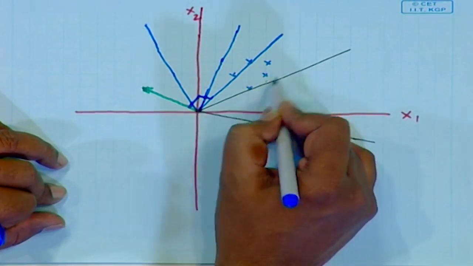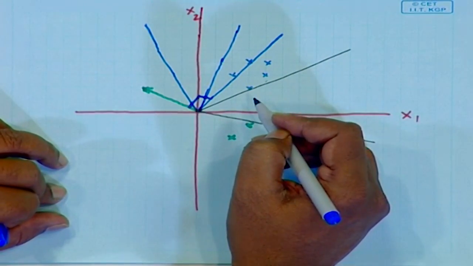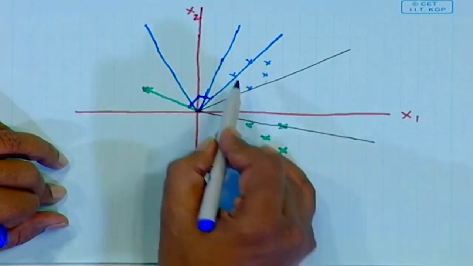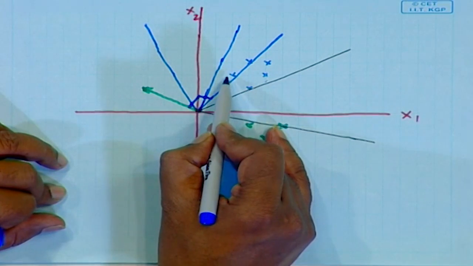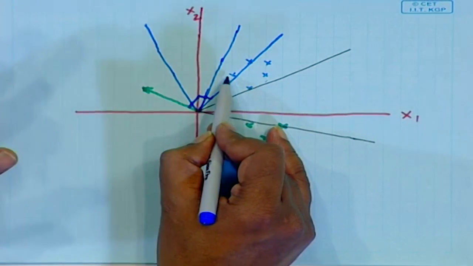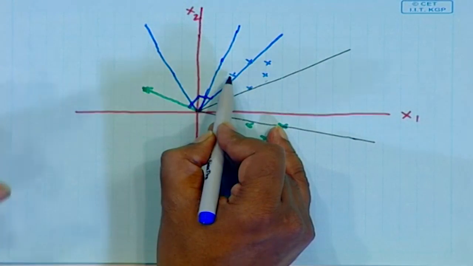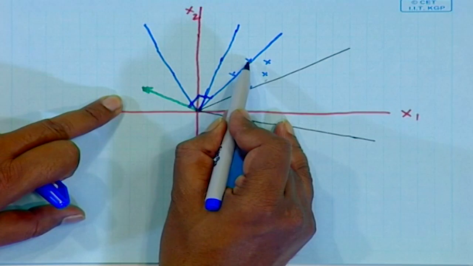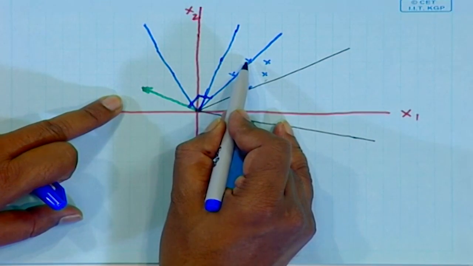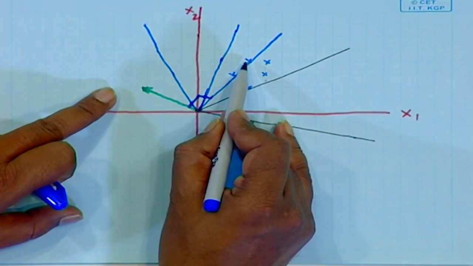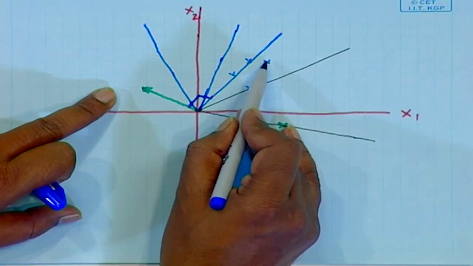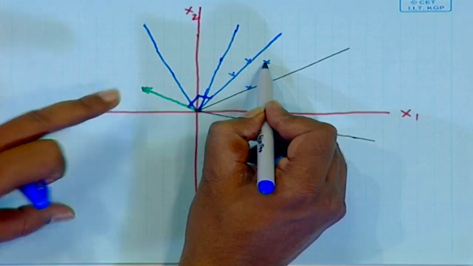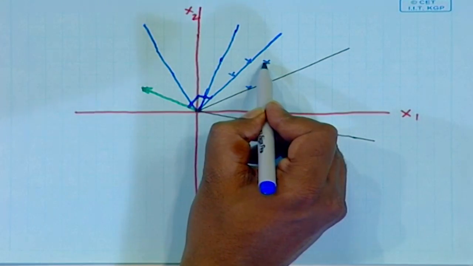Suppose I take the samples in a sequence, say this is my y1. I found that this sample is properly classified, so I do not modify my weight vector. Then I considered this sample, also properly classified, so I do not modify my weight vector. The third sample is possibly this one, and for this sample A transpose y is less than 0, because this sample is misclassified.